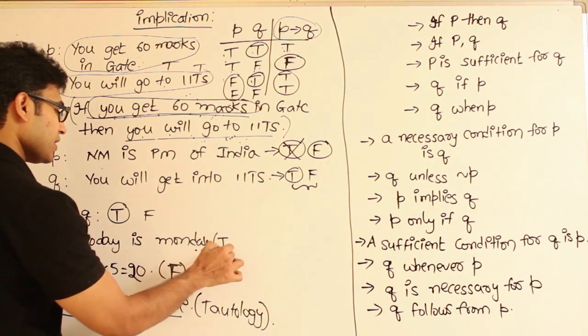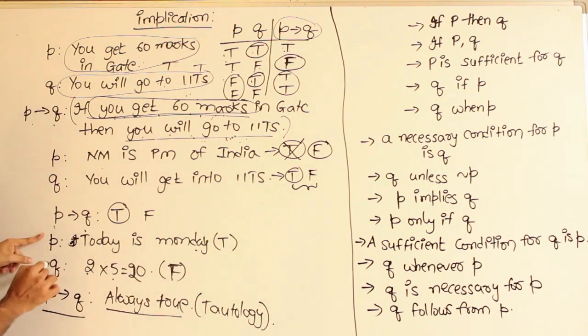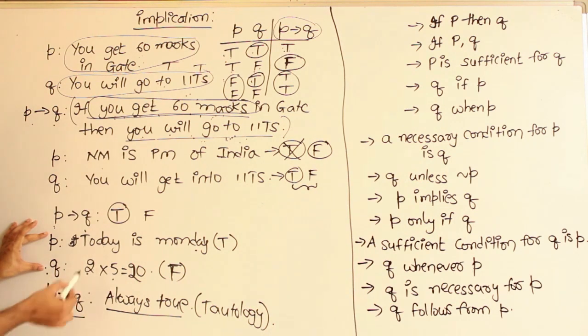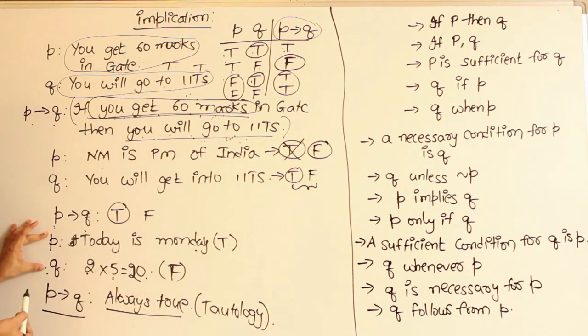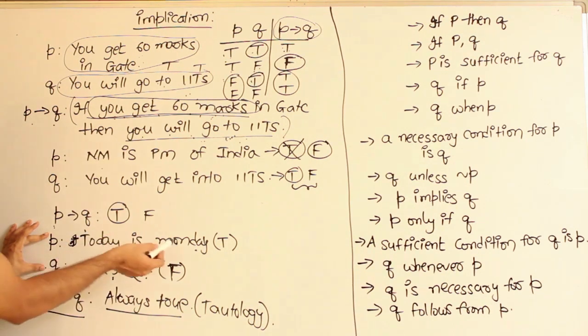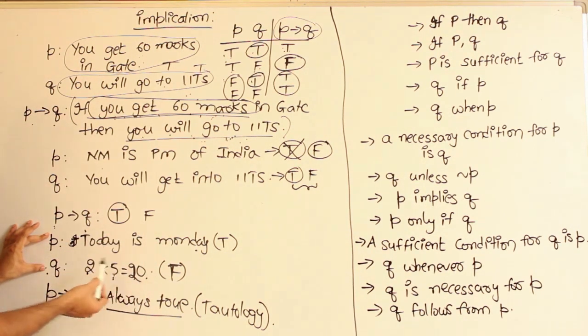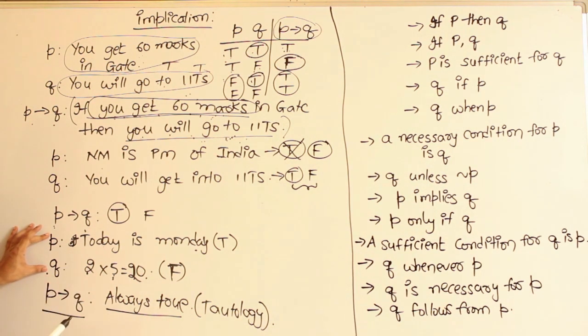Then P implies Q is going to be false, which means the statement "if today is Monday, then 2 into 5 equals 20" is true on Monday. It doesn't make sense, does it? Can it be 20 on Mondays and not 10 on other days? That doesn't make sense, but it makes perfect sense in mathematical logic.